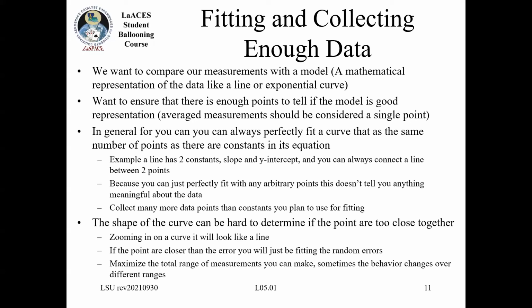If I have a second degree polynomial, a quadratic equation, I'll have 3 coefficients: A, B, C, as in Ax squared plus Bx plus C. For any 3 points, I can always pick an A, B, and C so that it'll go exactly through those 3 points.